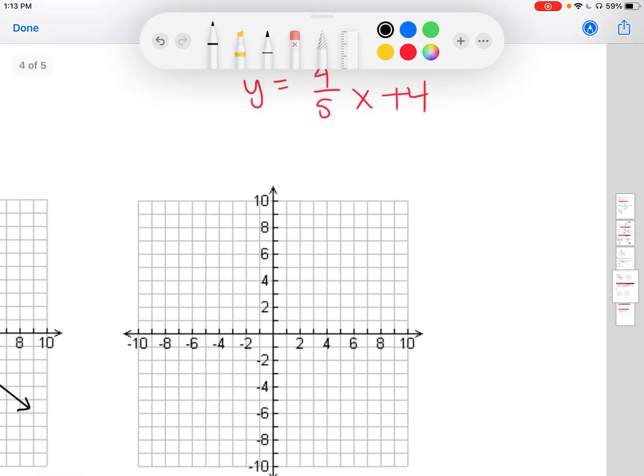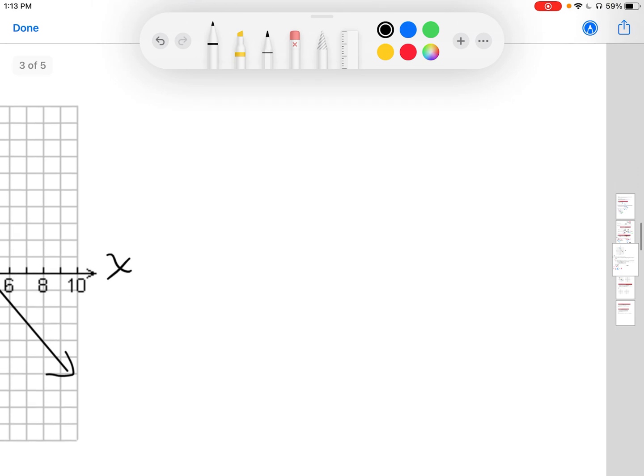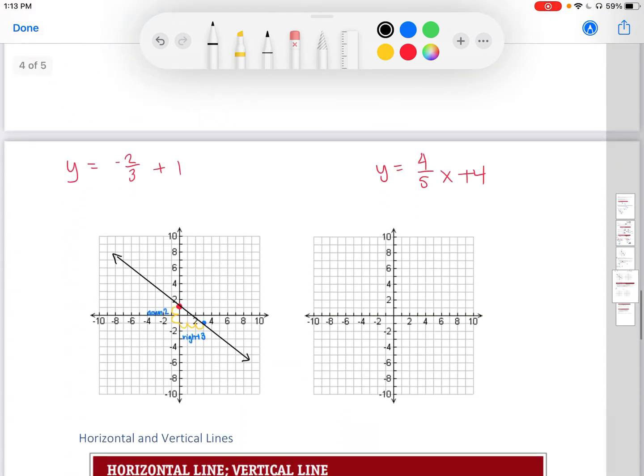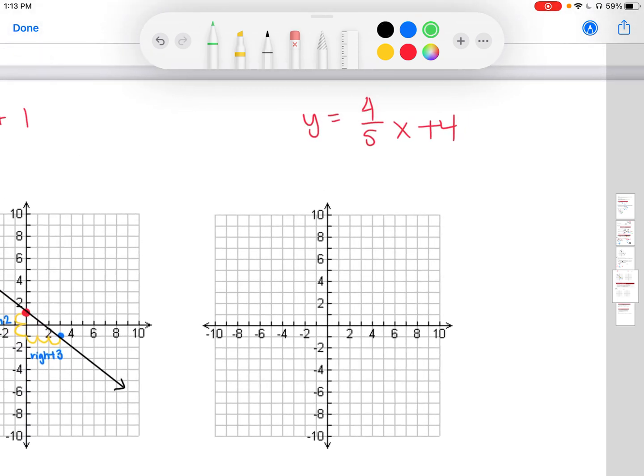Now, once you kind of get the hang of it, you don't have to always show that much work. You can just go ahead and label what you need. So we have our y-intercept of 4, right? So y-intercept of 4. And then I have a positive 4 and a positive 5.